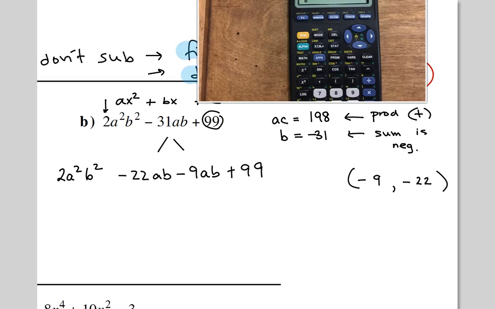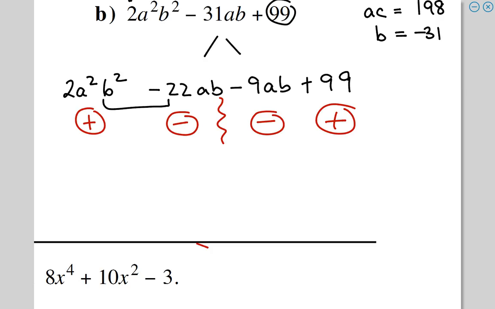Now just a word on sign. Look at the orientation. It goes plus, then it goes minus, and then it goes minus, and then it goes plus. So what's the problem? One of them you have to factor out a negative. So typically do that on the second group. So what's coming out of the first pair? A 2ab.